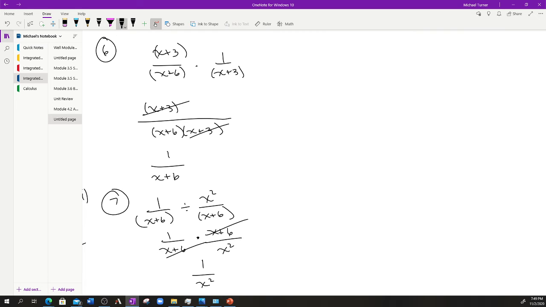Even those examples aren't too bad because I can already see that I have a like term, and so it's very easy for me to cancel it out. I can make this a little more complex, especially if I'm giving you something higher than a linear term in one of the fractions.